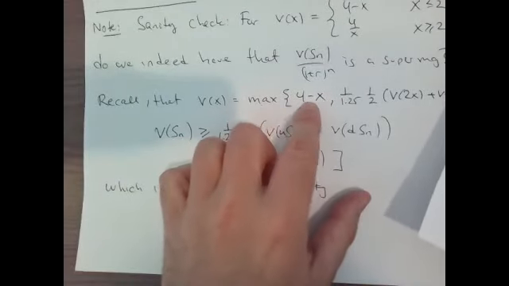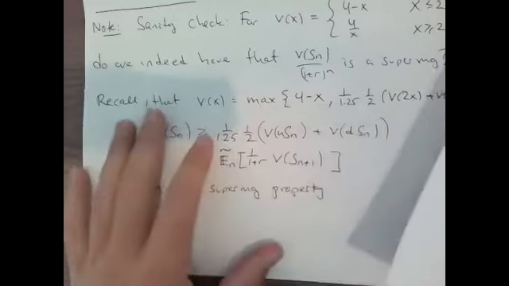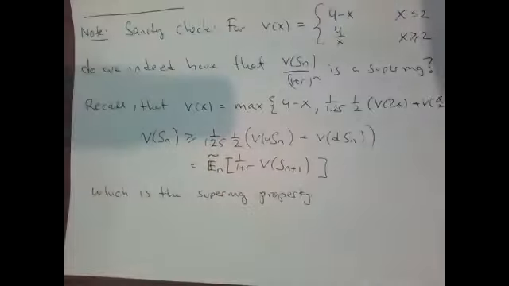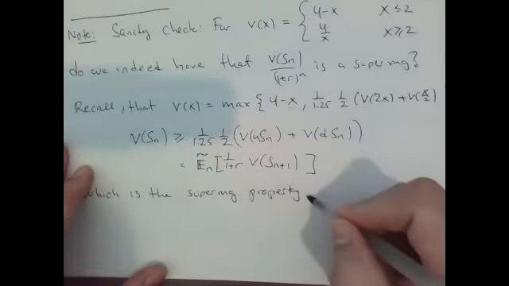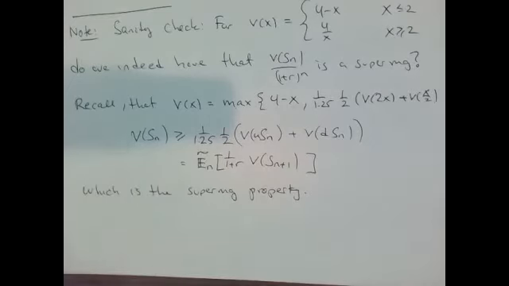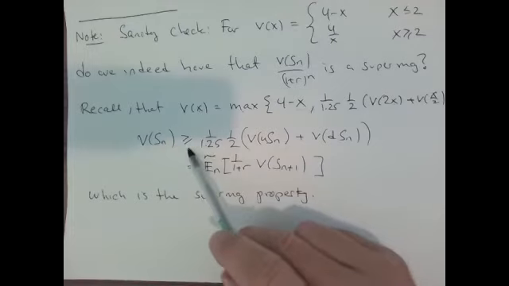What kind of a property is ruined by this max of 4 minus x with the other thing? In other words, what led to this inequality here?